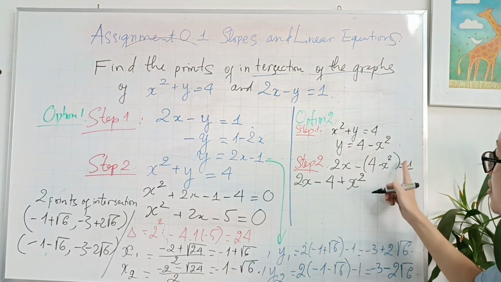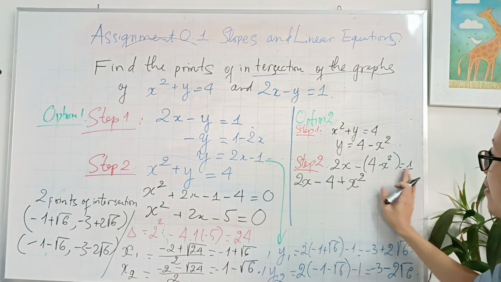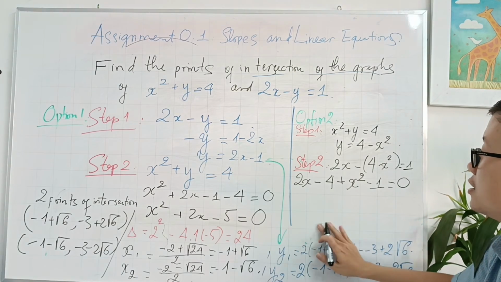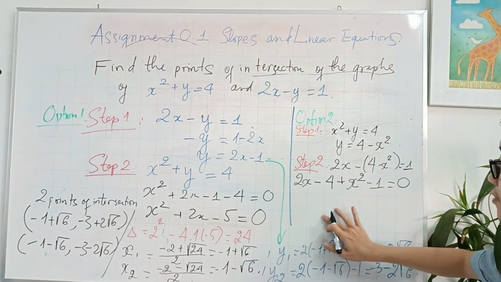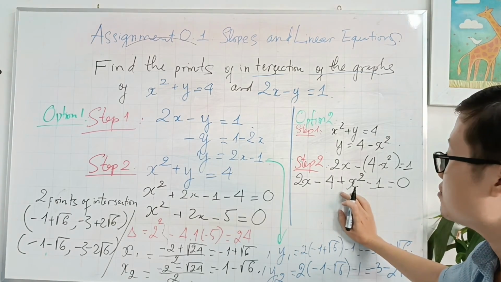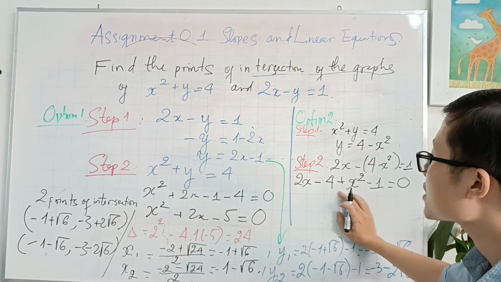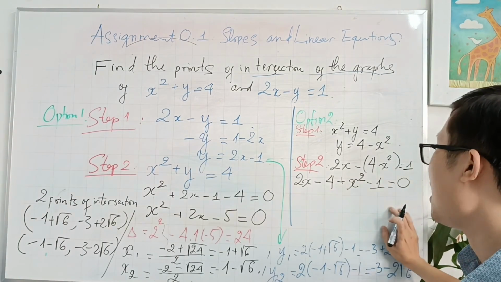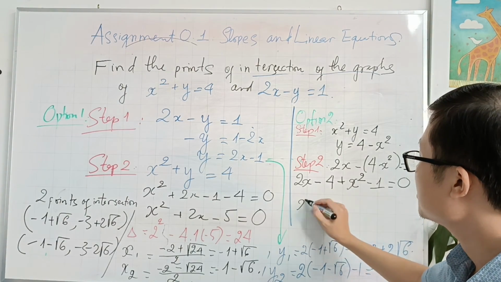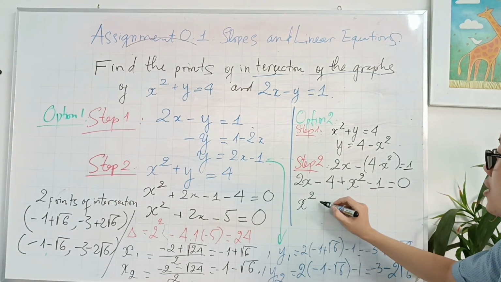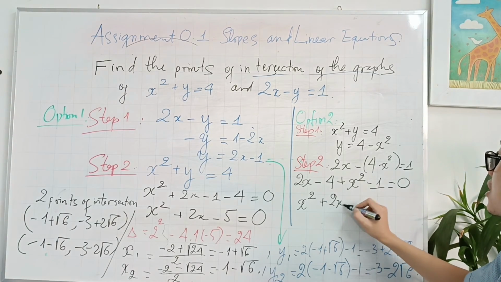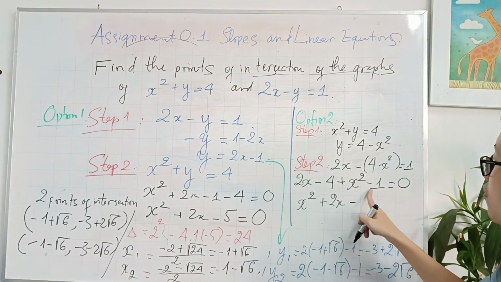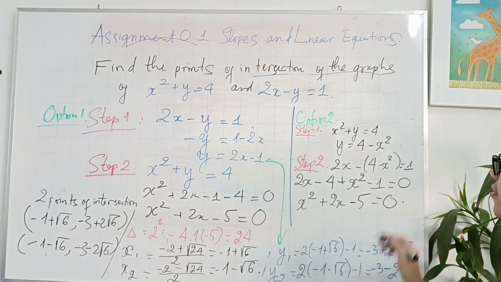We change 1 to the left side, so it is minus 1 equals 0. And you rearrange the terms from the largest power of x to the smallest power of x. So we have x squared plus 2x, minus 4 minus 1 is minus 5, equals 0.